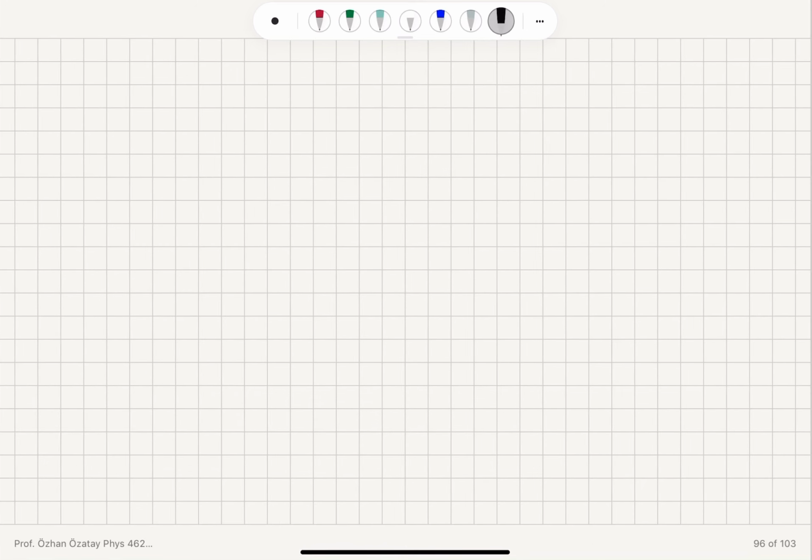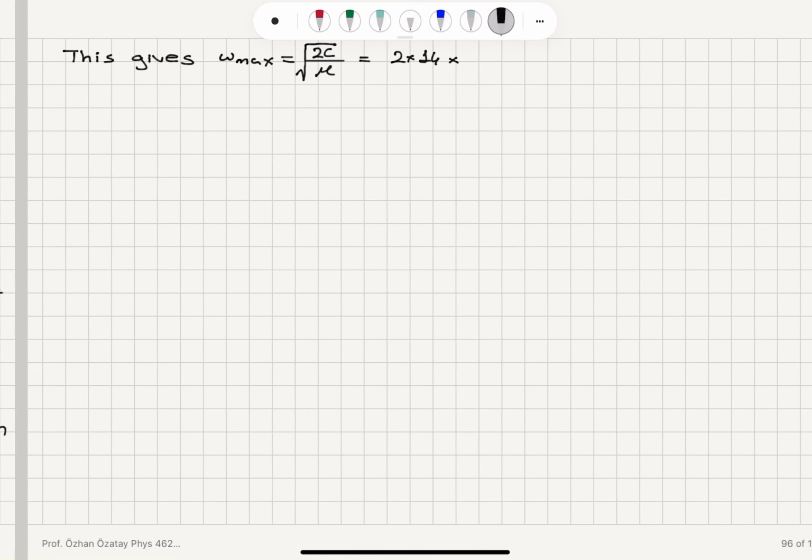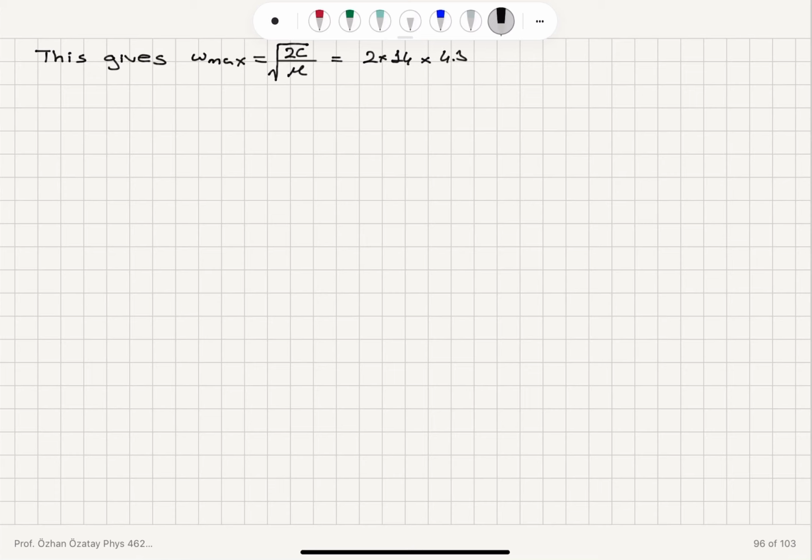So this allows us to calculate the maximum angular frequency. So omega max is square root 2C over mu. That is 2 times 14 times 1 over mu, which we have found here to be 4.31 times 10 to 25, square root.